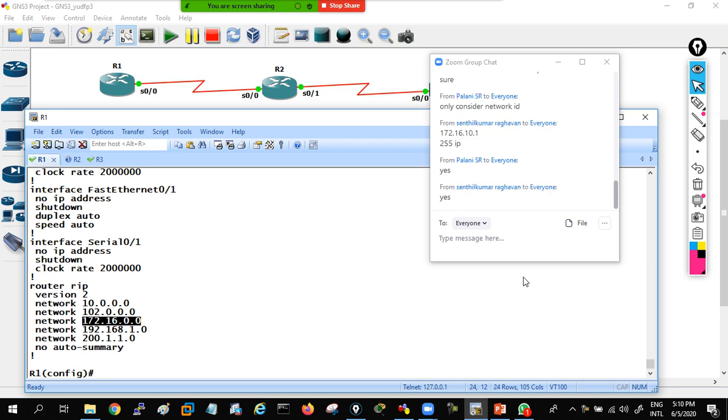I want to confuse Senthil more now. Guys, are you ready to be confused more? Now let's see here. This time I want to try network 172.16.10.1.